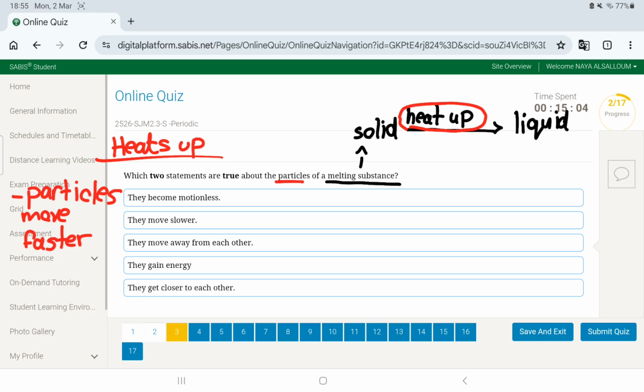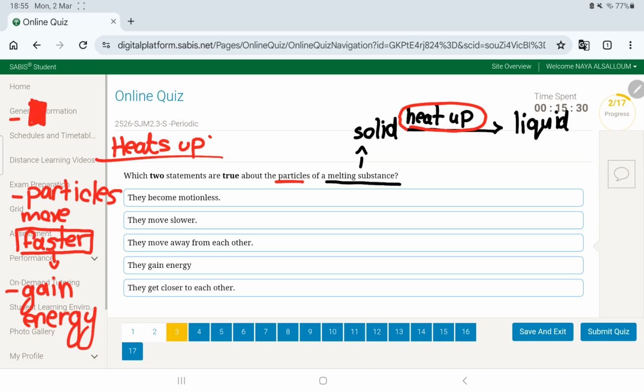Now, when something moves faster, it's going to gain energy. So the particles gain energy. By the way, guys, I'm just recapping this because I already wrote it down in the previous question. So they gain energy, right? And we said here, for example, when we have solid ice and then it changes to liquid water, I'm just gonna use this for the particles.